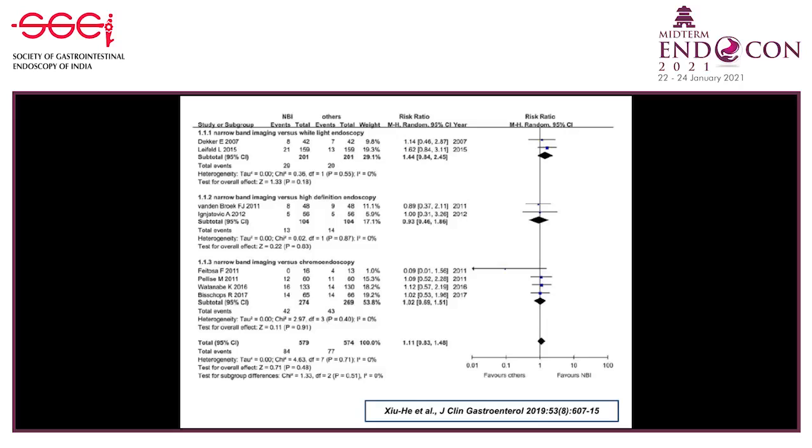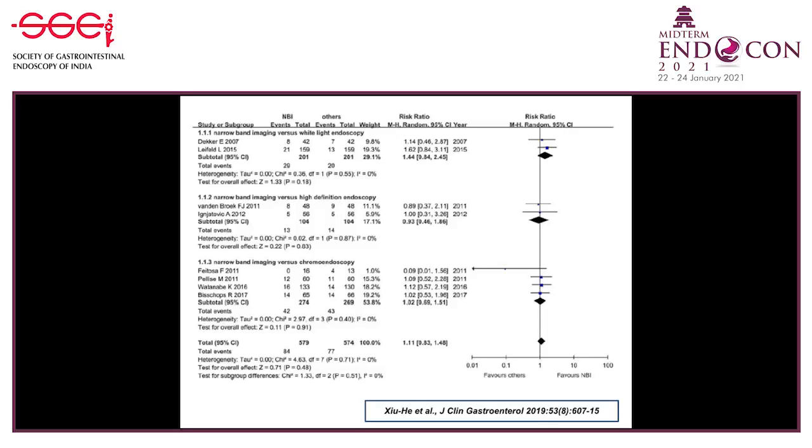For white light endoscopy, there are only 2 studies, and there is a trend towards benefit of NBI, but this has not reached statistical significance, maybe because of the small number of studies. For high definition white light imaging and NBI, as you see in the middle part of the image, there is not much of a difference.